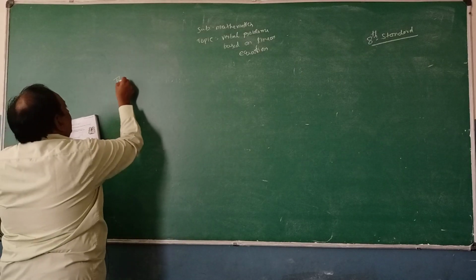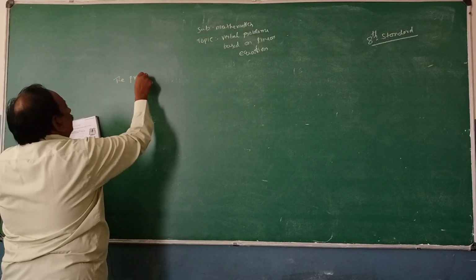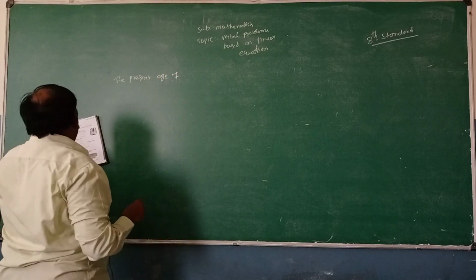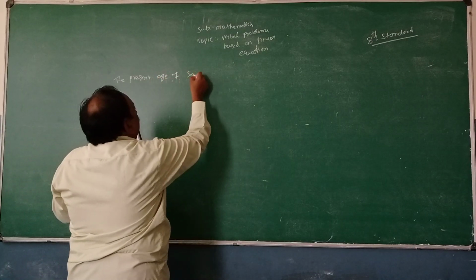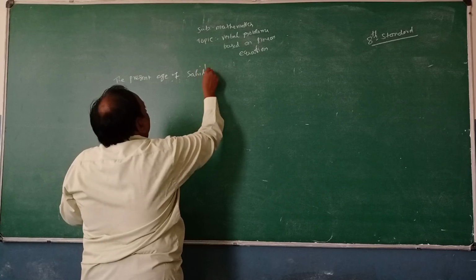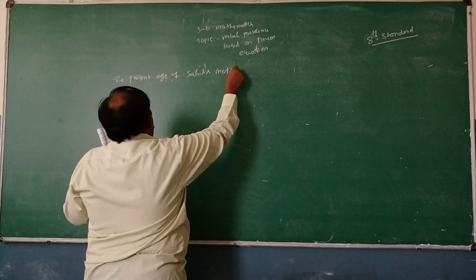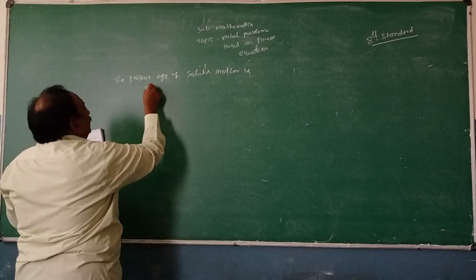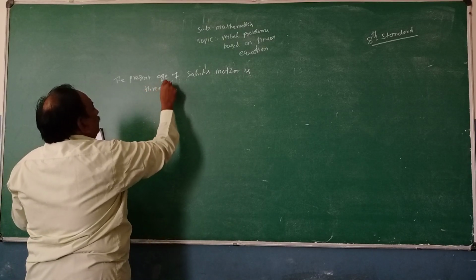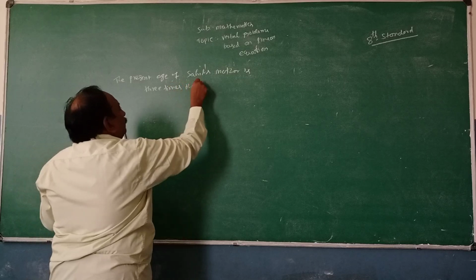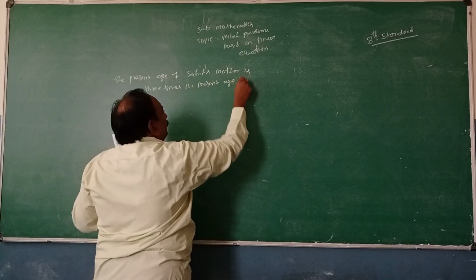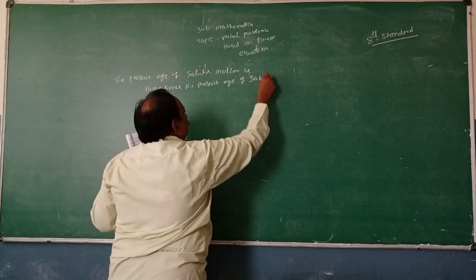The present age of Sahil's mother is 3 times the present age of Sahil.